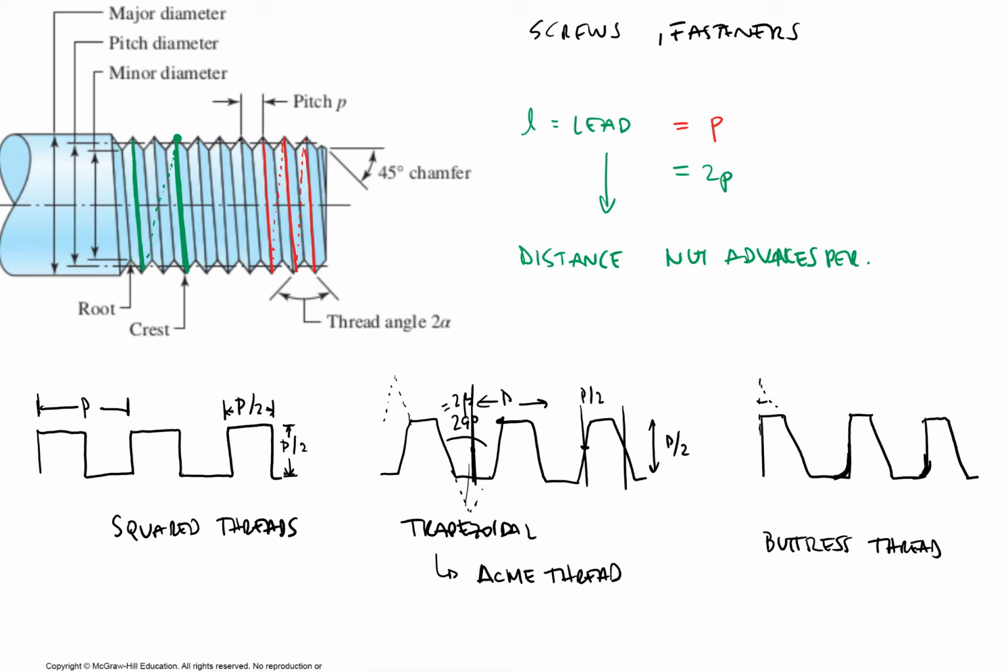So what's important here is to be able to calculate the forces. We're going to talk about screws as different kinds of non-permanent joints, but we're going to start with power screws. These power screws are very similar to one kind of gears that we're also going to talk about later in the course, which are the worm gears.